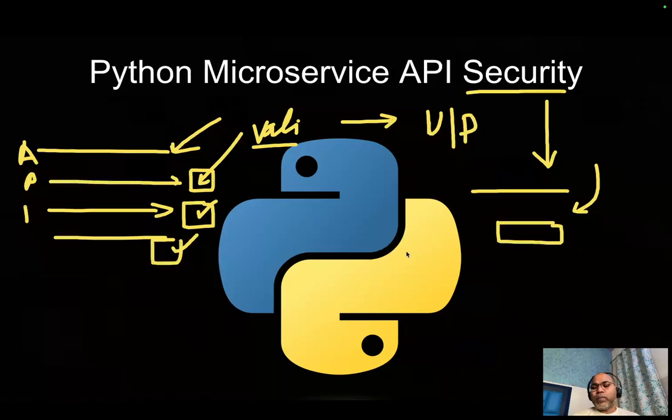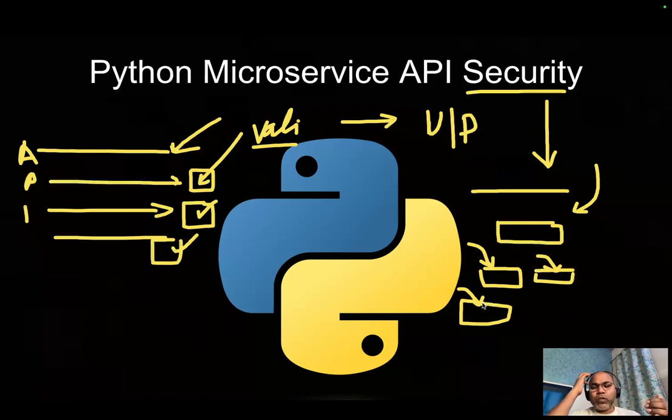And third, we have a couple of APIs for a specific kind of role. Maybe administrators can access this API, QA can access that API, developers can access another. Such role-based restrictions we can also apply. So today we are going to understand how we apply API security in Python.